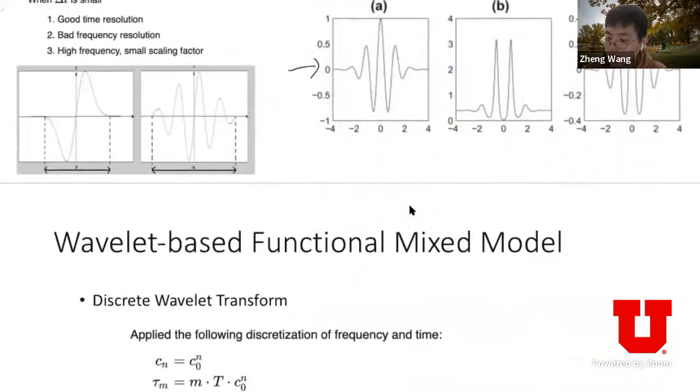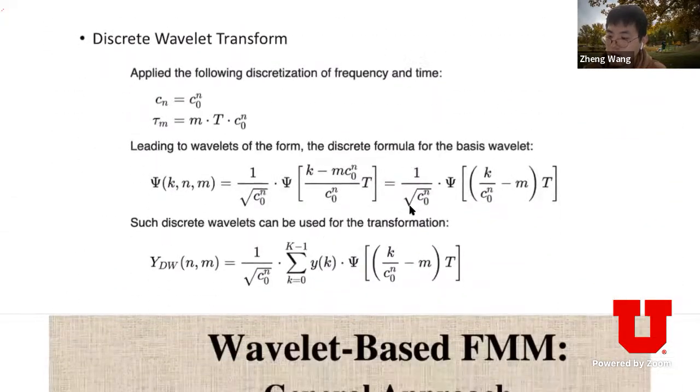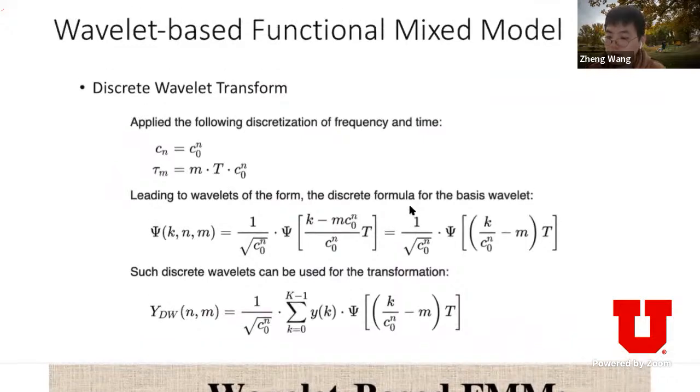Here is how we do the discrete wavelet transform. We just discretize the transform: here Cn should be the frequency part, and tau m should be the shifting factor.